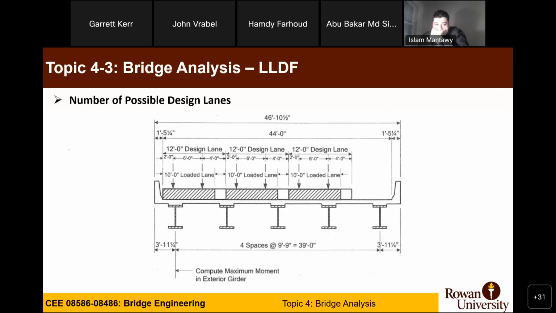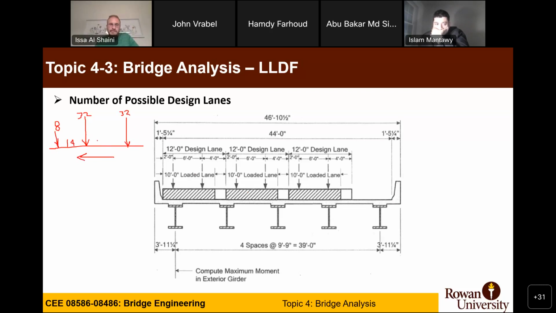I want to have a discussion with you on how we should start laying out the wheels. We agreed on the longitudinal direction, correct? We have axles, for example for HS20, we have 8 kips, and we have 32, and another 32, correct? This is in the longitudinal direction, and the distances are 14 and 14 to 30.